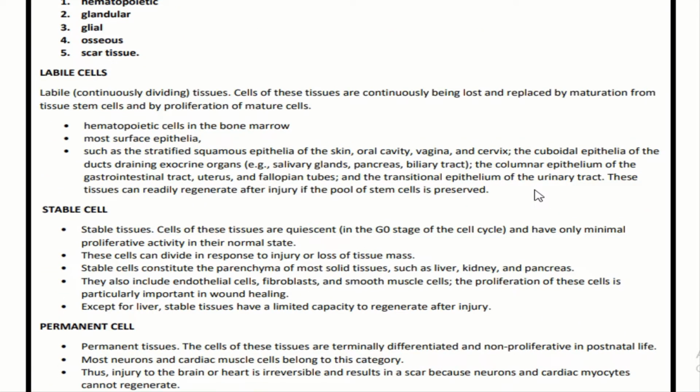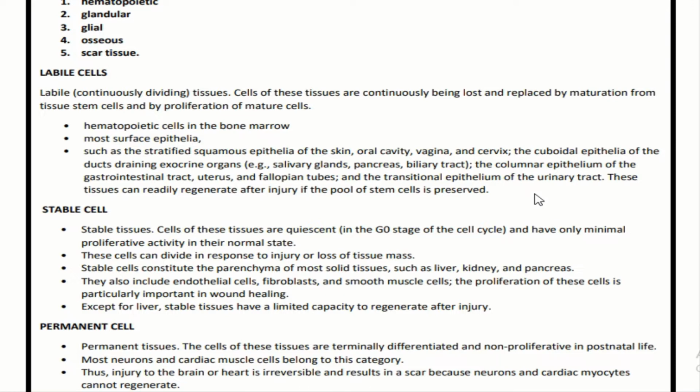So, labile cells. Labile cells are continuously dividing tissues. Cells of these tissues are continuously being lost and replaced by maturation from tissue stem cells and by proliferation of the mature cells. Hematopoietic cells in the bone marrow are examples of labile cells.